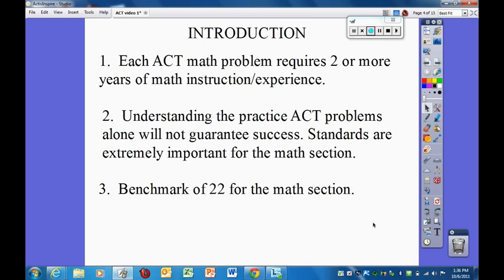Okay, the ACT is not just a college preparatory test per se. It does get used by colleges for an entrance exam, mainly just to see if you can get into their school and be successful. But the same skill set that is measured on the ACT is also being measured by your future employer.